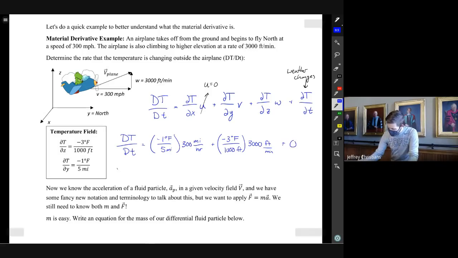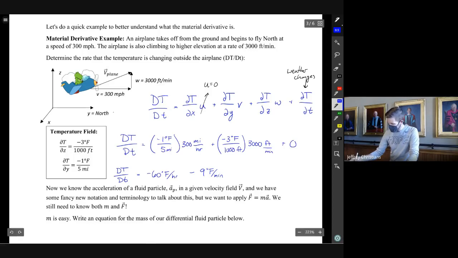So the material derivative, how the temperature is changing with time, equals -60 degrees F per hour, minus 3,000 times 3 divided by 1,000, so minus 9 degrees F per minute.